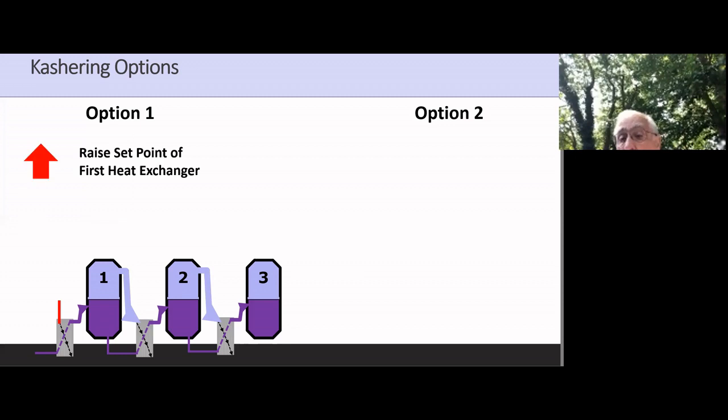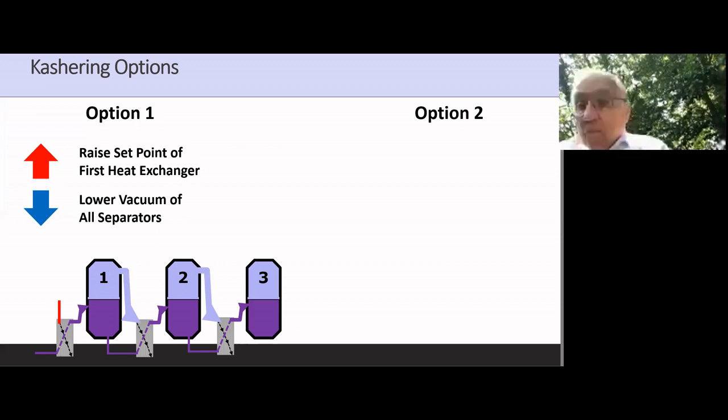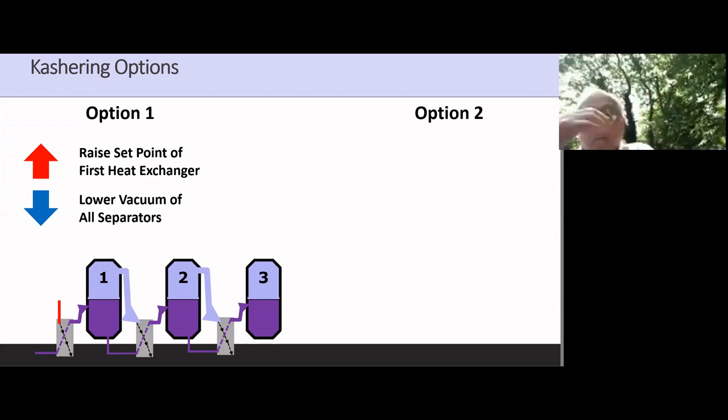First choice: raise the set point of the heat exchanger. People said just raise the temperature you want and lower the vacuum in the separators. If we raise the set point for the first heat exchanger, that's the only one we can control directly. We could tell the steam we want it to hit a higher temperature in the first heat exchanger. The water going through the system will now be a little bit hotter than it was, which is close to the temperature of what the juice was.